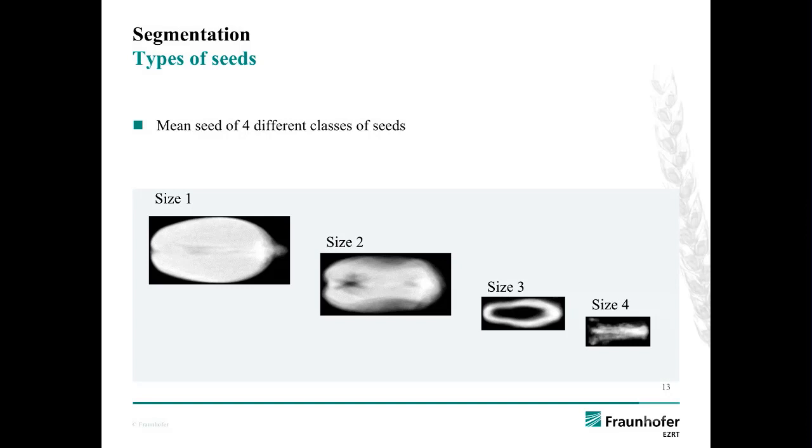Then we have class 2, 3, and 4, which are the really small, tiny seeds, which normally, when you sieve the ears or the seeds afterwards, will fall through the sieve, and we normally don't collect them as an actual seed, but they are there, and they are also going to the weight. So we segment them and see them there.